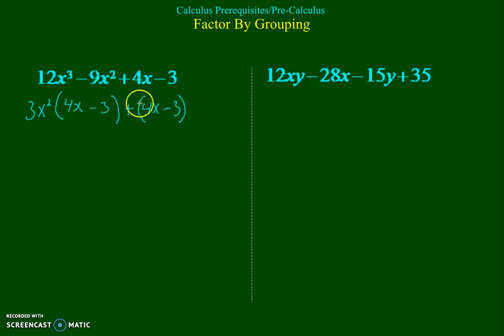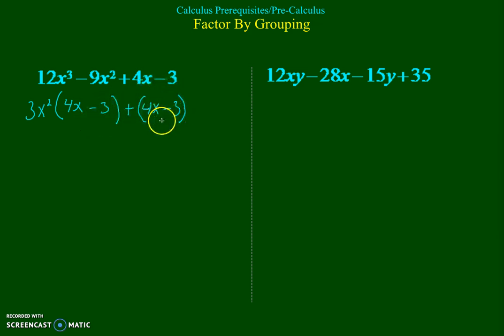Now you can see that we have a 4x minus 3 twice. Well, consider these as two separate terms. This term with the 4x minus 3 is being multiplied by 3x squared. This term of 4x minus 3 is being multiplied by 1. So if we pull out a 4x minus 3 here, here's one piece and another piece.